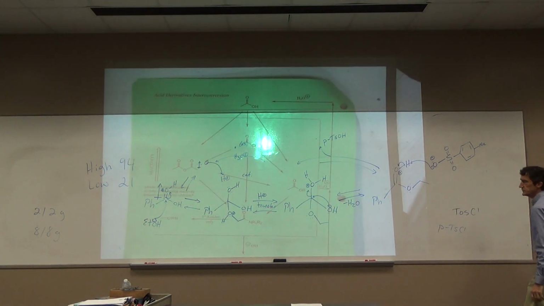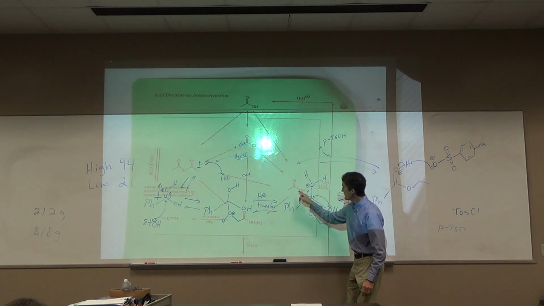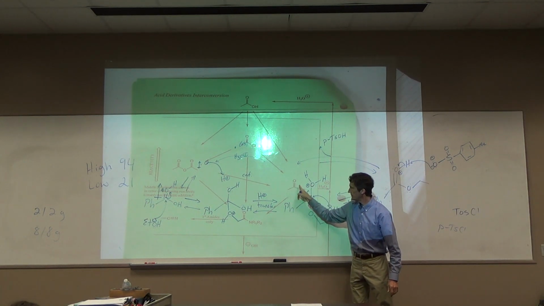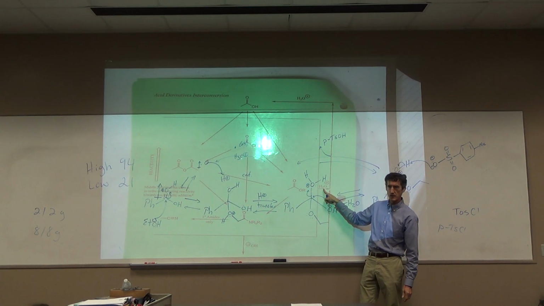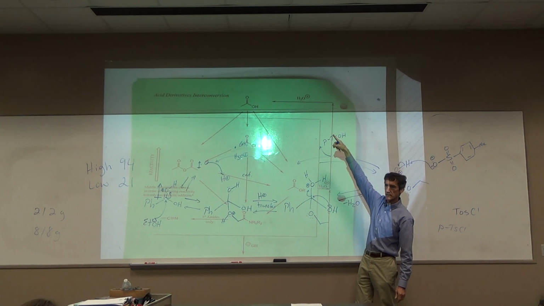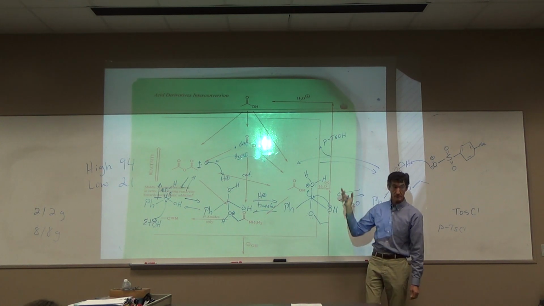And if we look at the flow chart here, the ester's in the middle. What do we say would happen with anything in the middle, an ester, if we treated it with H3O plus? We go back to what? Carboxylic acid. Okay?